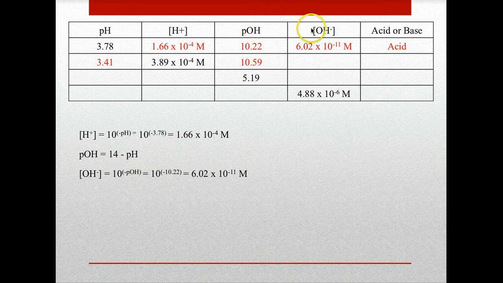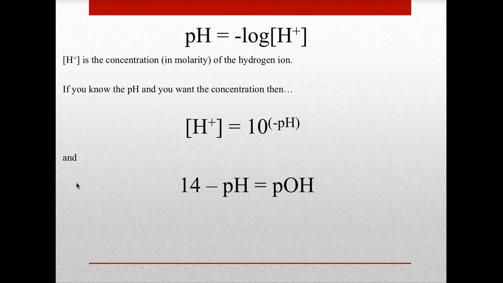Okay, now we need to find the OH concentration. Well, that same formula that we used for pH, pH is equal to the negative log of the hydrogen ion concentration. We can just substitute OH here for H. So pOH is equal to the negative log of the OH concentration.